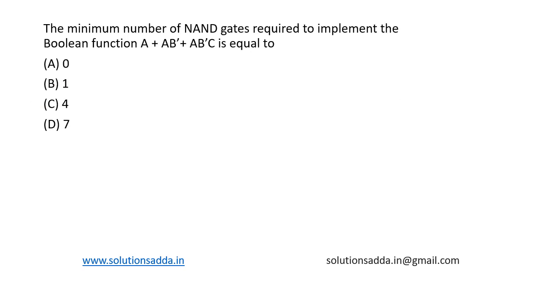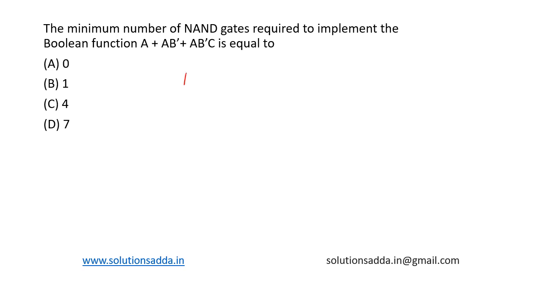This is a question from digital logic. The minimum number of NAND gates required to implement the Boolean function A plus AB bar plus AB bar C is equal to, and 4 options are given. Let's try to solve this.